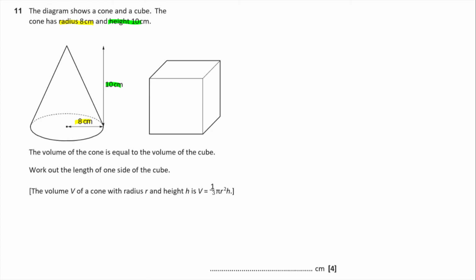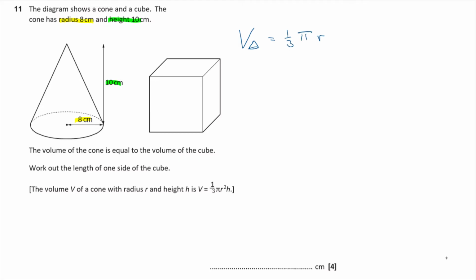So then the volume of the cone is equal to 1/3 of pi r squared h. So 1/3 times pi times r, which you know is 8 squared, times h, which you know is 10.